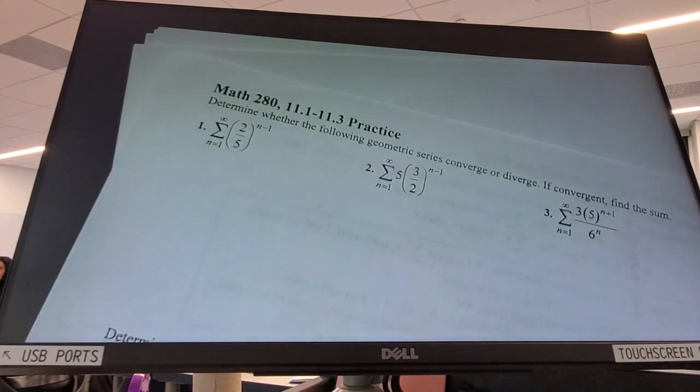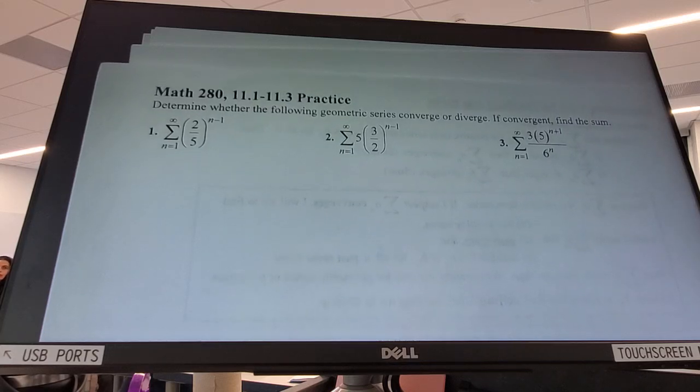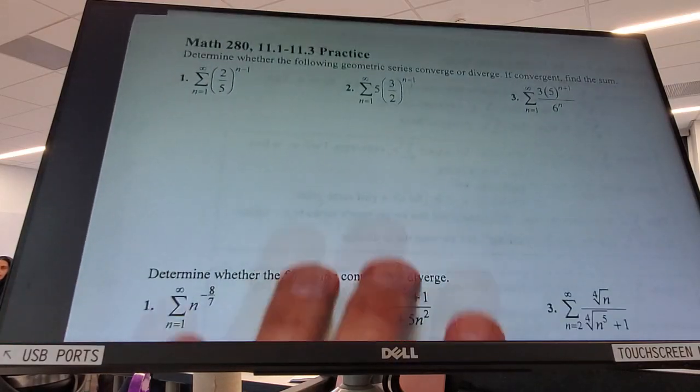Okay. We have, where'd it go? This. Does anyone need this handout? Does everybody have this handout? So we did this a while back.